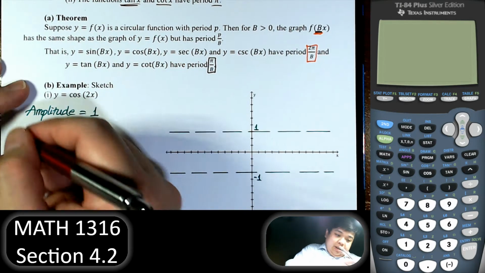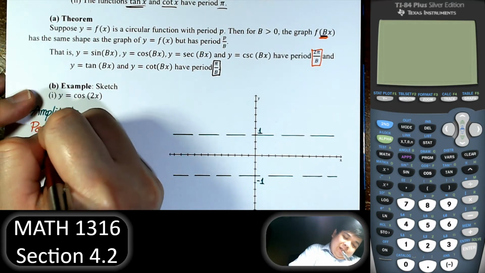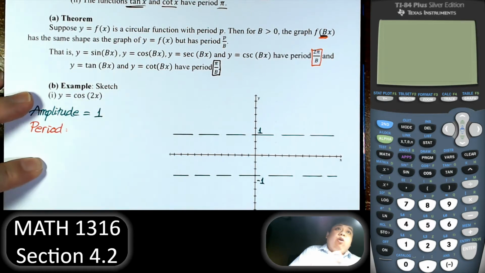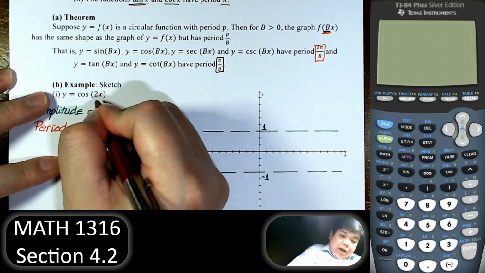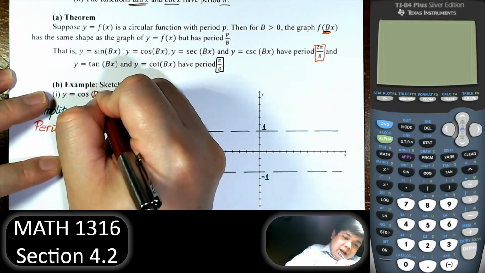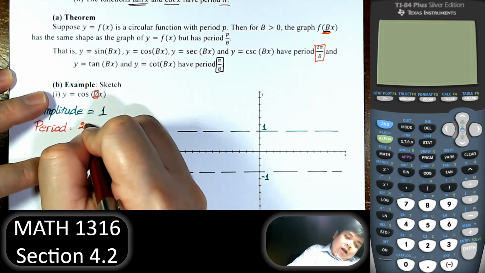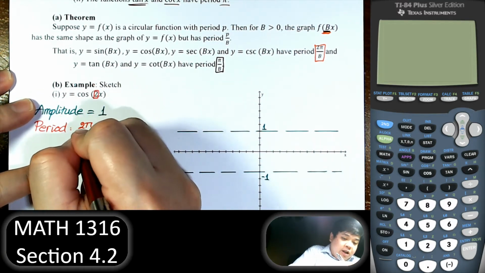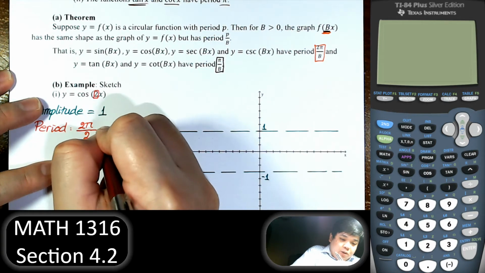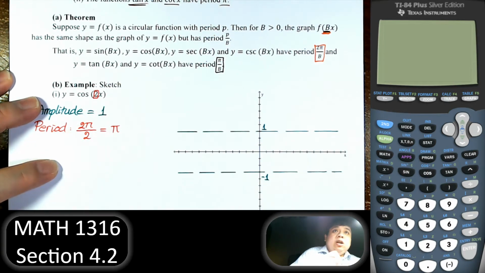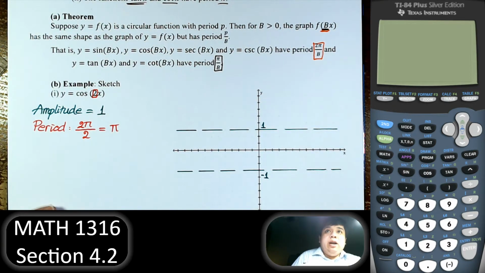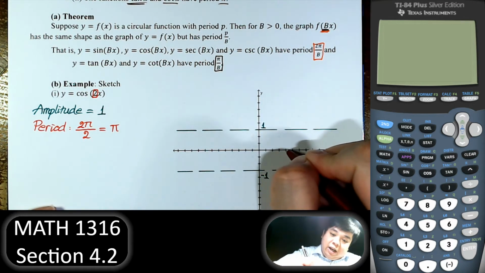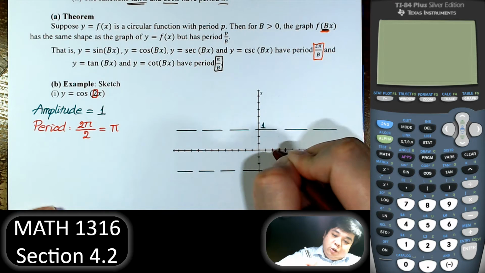Now period. For a normal period, it is 2 pi, but since we have the coefficient of x, we take 2 pi for standard cosine or sine divided by that number. So the period is just pi. If the period is just pi, then we have to, again, divide a period into 4 equal segments.